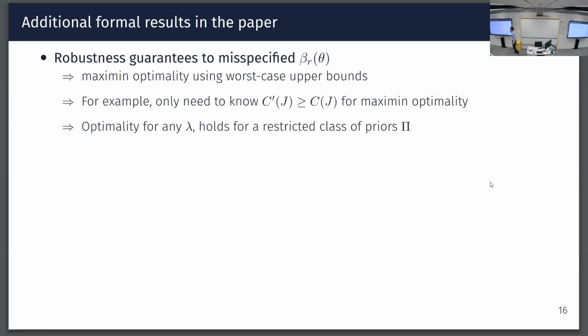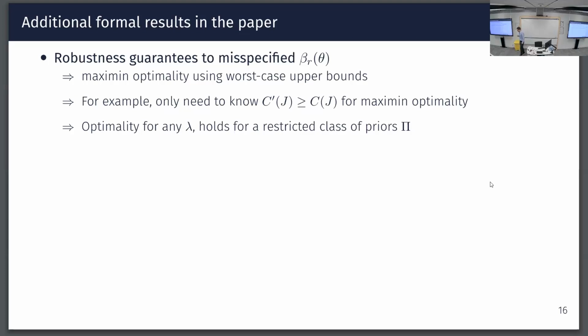Okay, so some comments. So one is, okay, but what if we don't know the utility of the researcher? Can we think about some robustness guarantees to the misspecified utility? So one way to think about this is to say, well, maybe I know some upper bound on the utility of the researcher. And now if I know some upper bound, I can still guarantee max-min optimality. And if instead I want optimality, given that I impose restriction for this upper bound of the utility, this optimality result with respect to a more complex objective function which depends on the value of experimentation will still hold, but I will need to restrict the class of priors that I have over the parameter space.